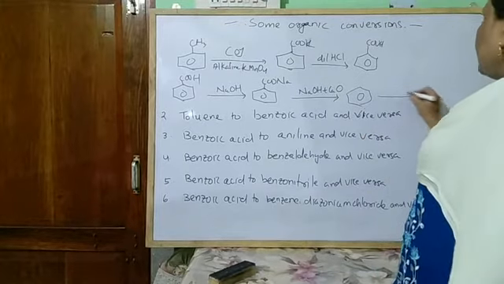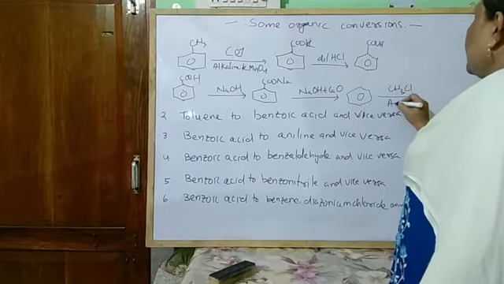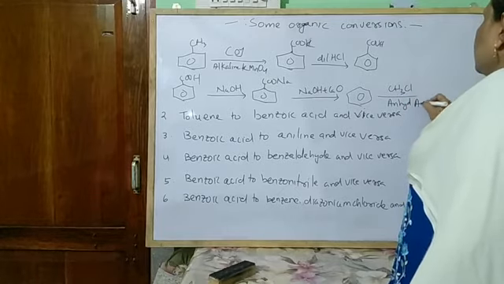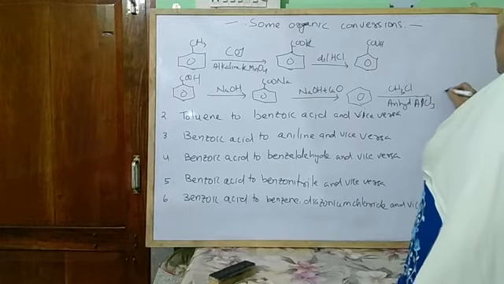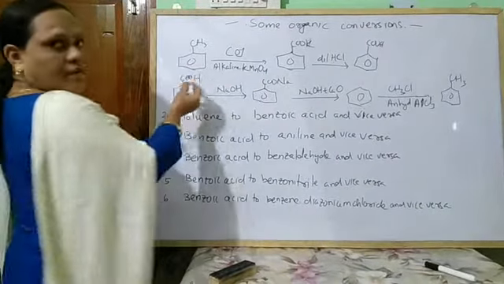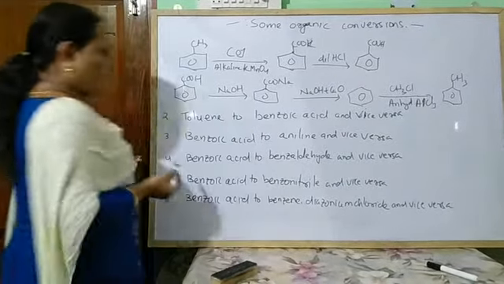And benzene when treated with methyl chloride in presence of anhydrous aluminum chloride forms toluene. So this is toluene to benzoic acid and benzoic acid to toluene.